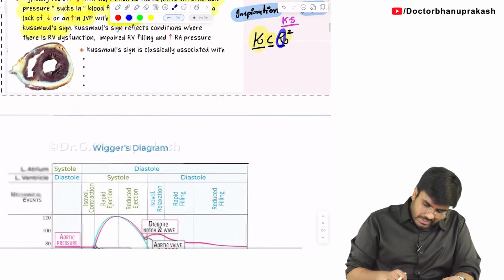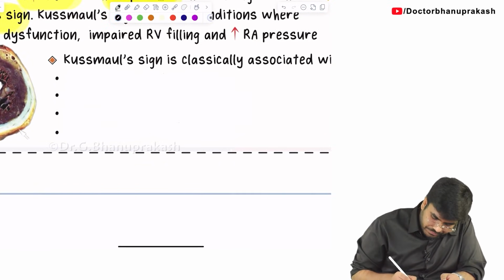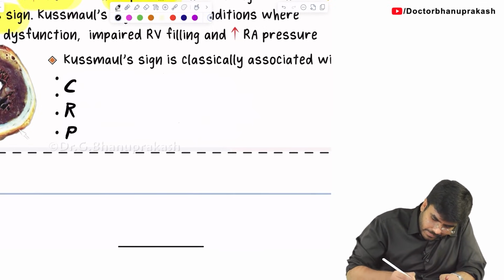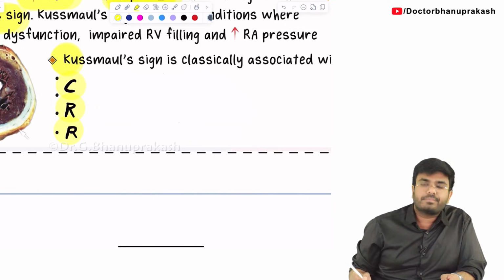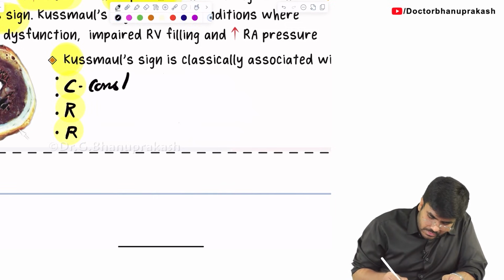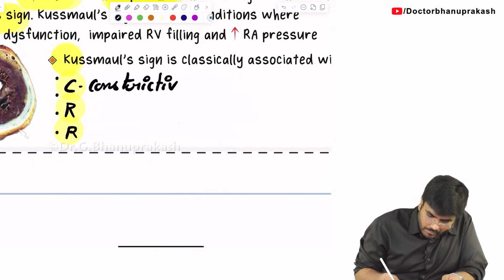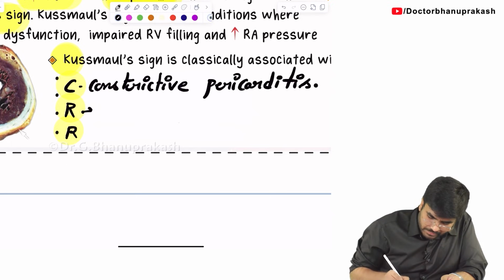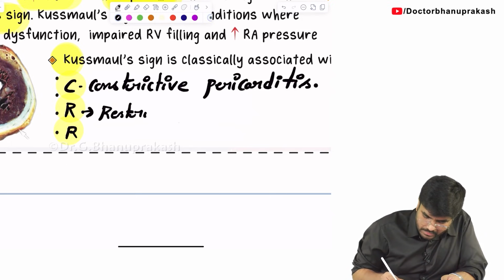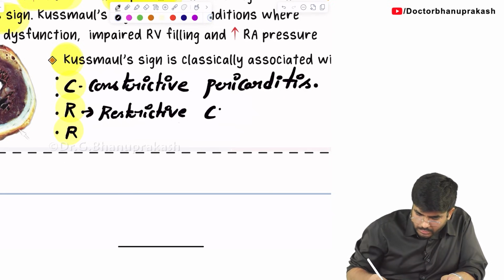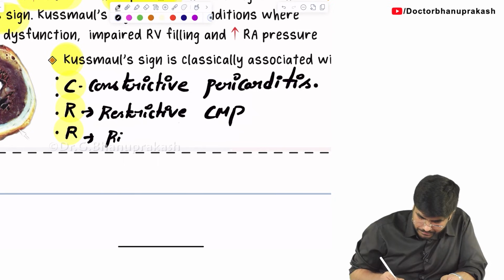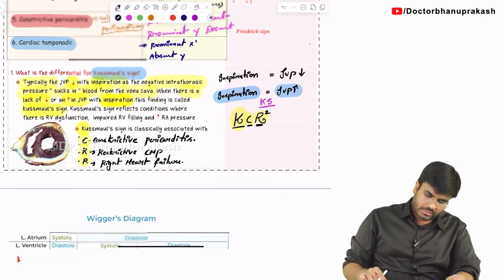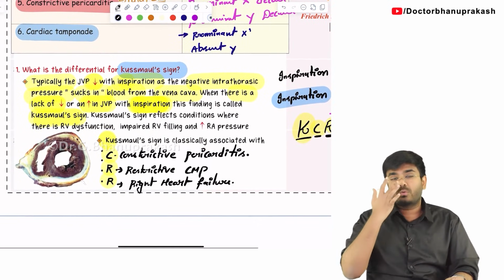There are 2 R's. So Kussmaul sign is seen with KCR. C for constrictive pericarditis, R for restrictive cardiomyopathy or right heart failure. Okay, no? So that's it. These are the different conditions in which you can expect a Kussmaul sign.